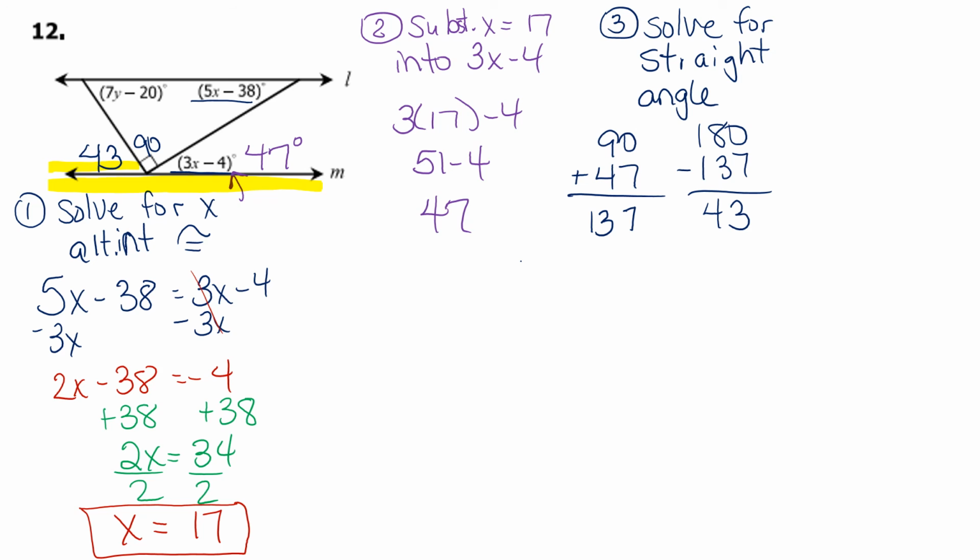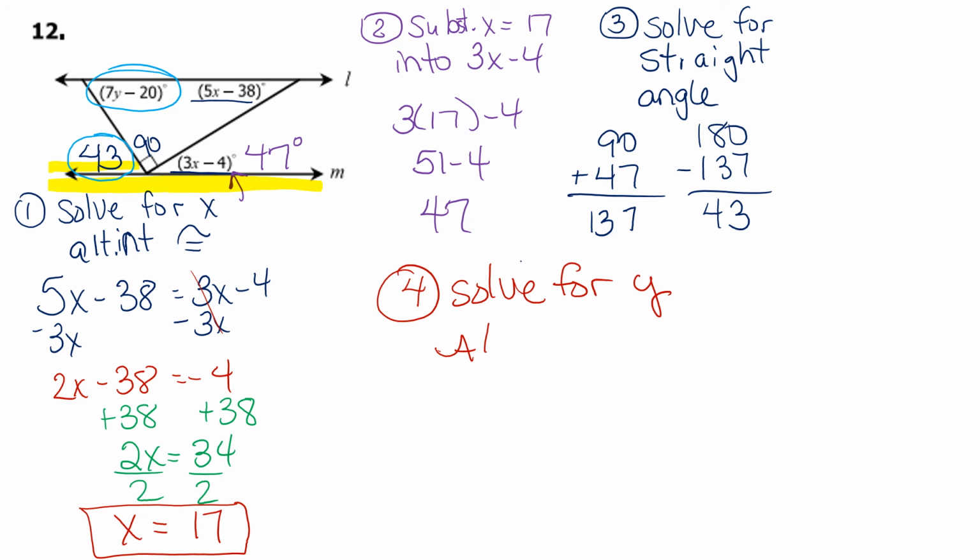So once I've done that, I can look at this measurement and this piece. They are alternate interior angles, so I can set them equal to each other. So our step number 4 is to solve for the y. Again, they are alternate interior, which means they are congruent.